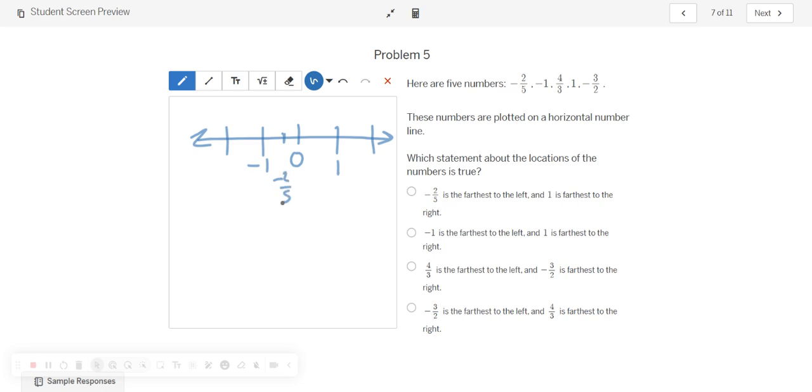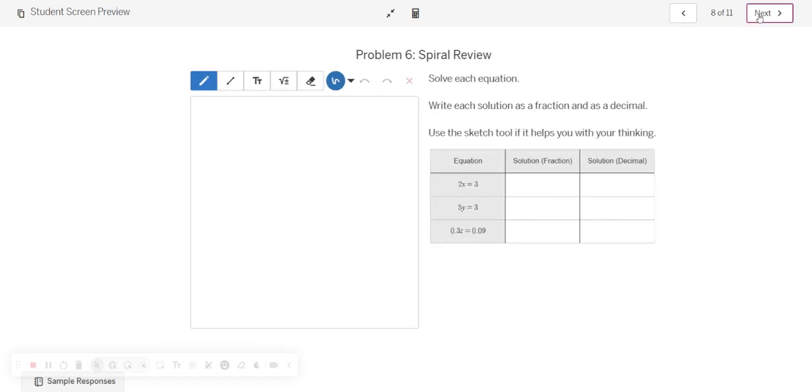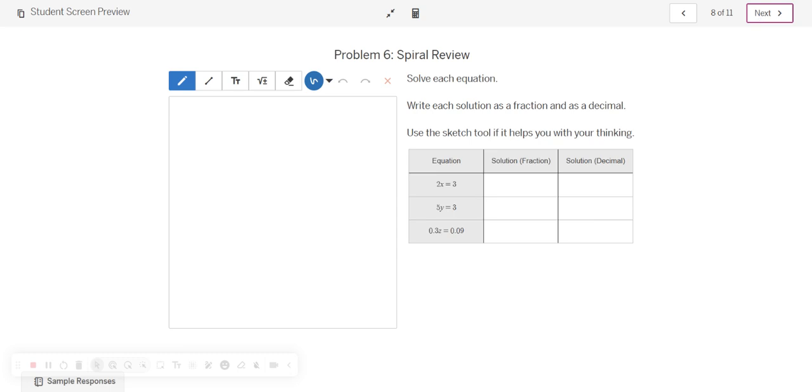It's like 0.4. 4/3 is a +1. So 1 1/3 would be like right here is 4/3. And then -1.5, -3/2. -3/2 will be this way. And so when I look, the last one says that -3/2 is the farthest to the left, 4/3 is the farthest to the right. That should be the correct one.